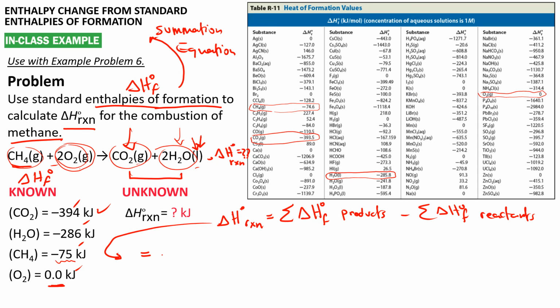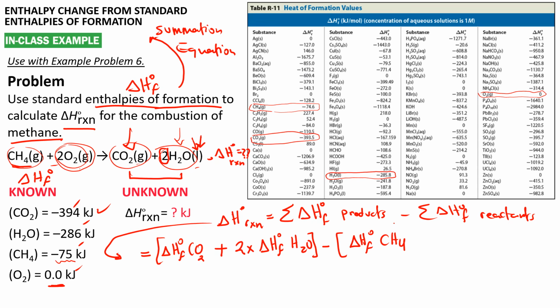So it's the delta H F node of CO2 plus, do you see the 2 here? We need to multiply it by the delta H F node of H2O, minus the delta H F node of CH4. We don't have a coefficient, it's 1, so we don't need to use it, plus 2 times the delta H F node of oxygen.